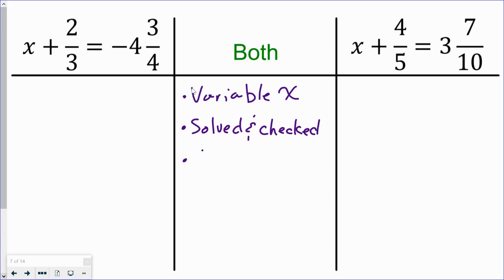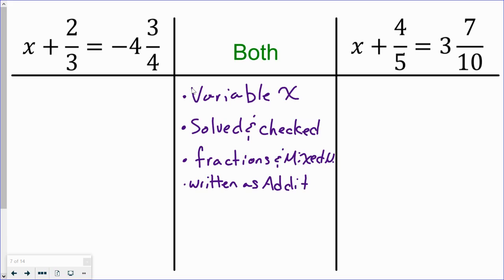They both have fractions and mixed numbers. Let's see, written as addition. Then they are both one-step equations.